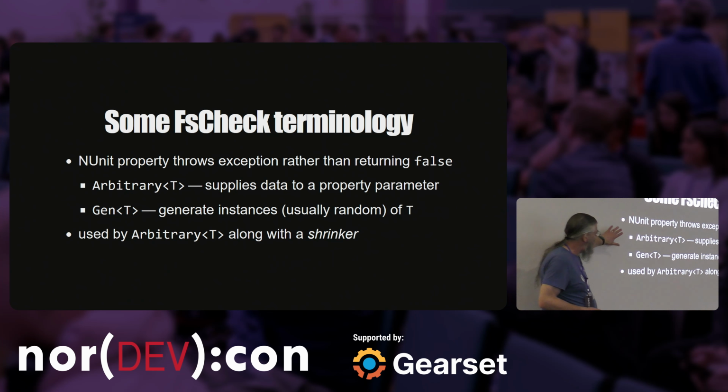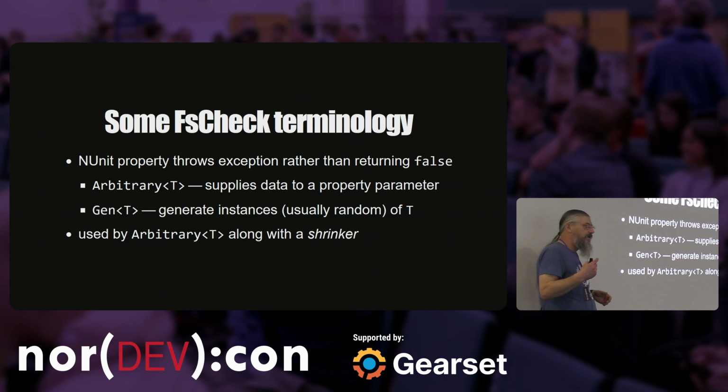But we can write our own arbitraries, and the most important part about an arbitrary is a Gen, which is a generator of T. And they're usually random, but there are generators that can provide you a constant stream of -1s, for example. A generator could be anything that's just providing enough data to fulfill the property.